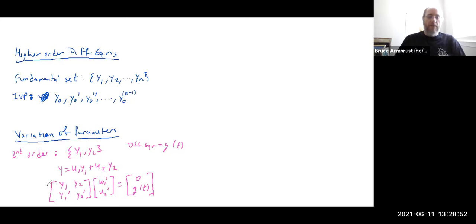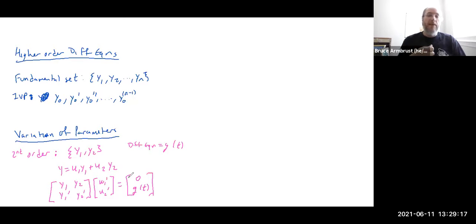When Bradley said he remembers restrictions, the restrictions were what led to this equation. We instituted the restriction y1 times u1 prime plus y2 times u2 prime equals 0 because we could. Because we had two unknowns, we can put in one condition that we want.